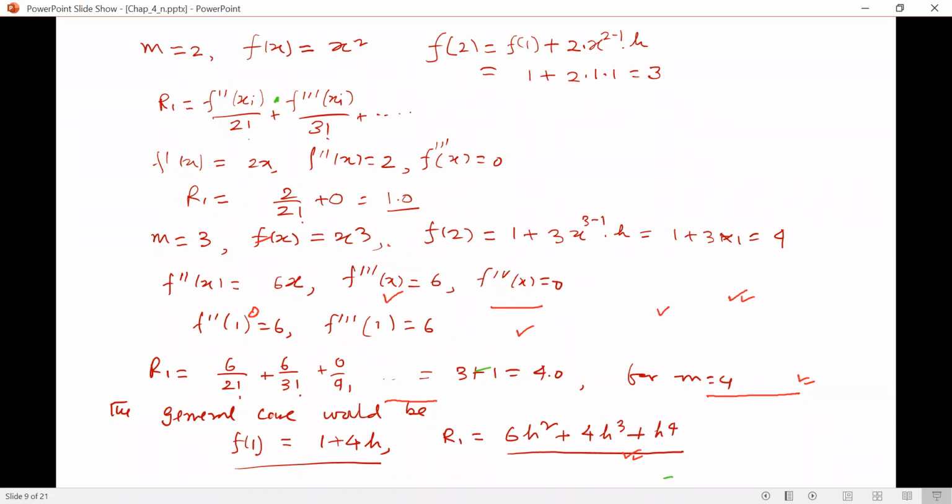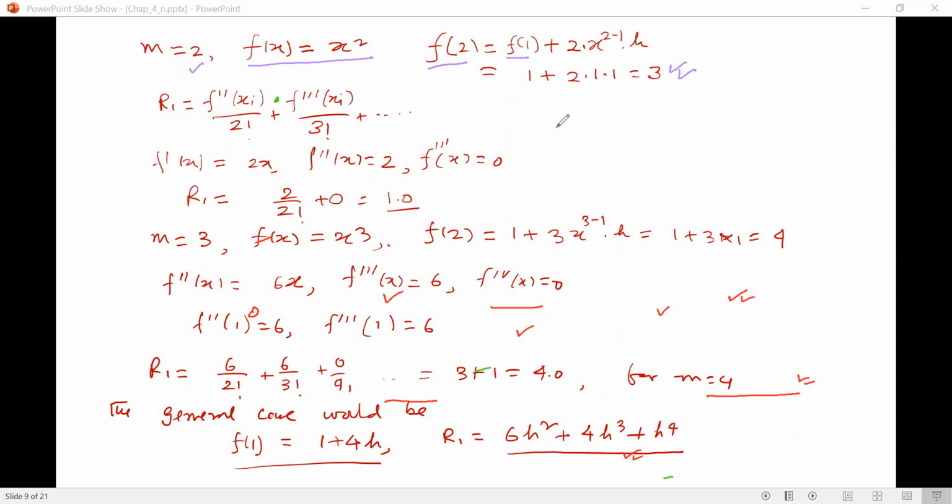You need only your intermediate level knowledge, nothing more than this. If we have our m equal to 2, then your function is x square, then your first order approximation will be equal to what? f(2) is equal to f(1) plus 2 into x to the power 2 minus 1 multiplied by h, this is your 3.